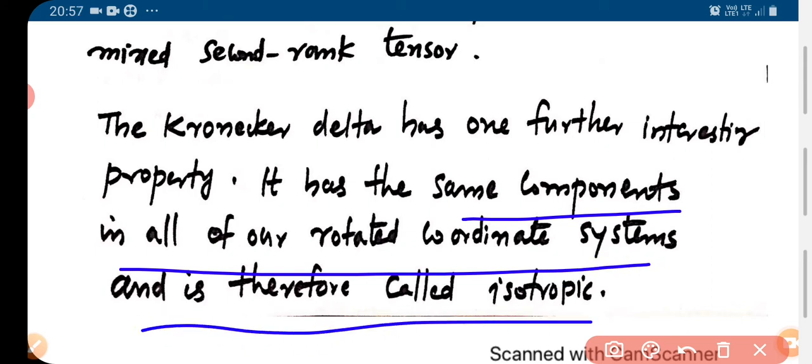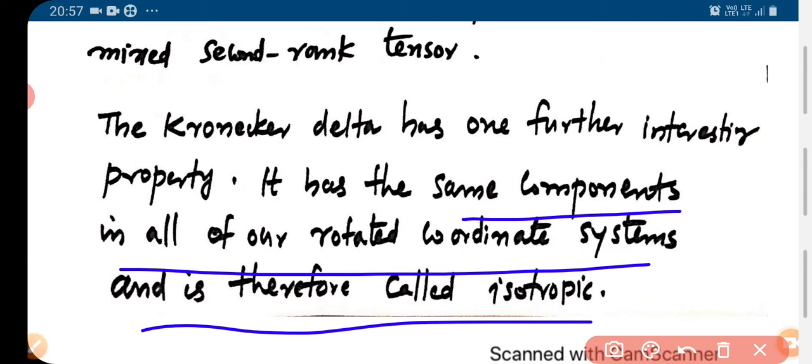Whatever coordinate system you choose, whatever transformation you go through, in whatever coordinate system you arrive at, the value of δkl is either 1 or 0. If the two indices are equal it is 1, otherwise it is 0. So the components have the same value in all coordinate systems.